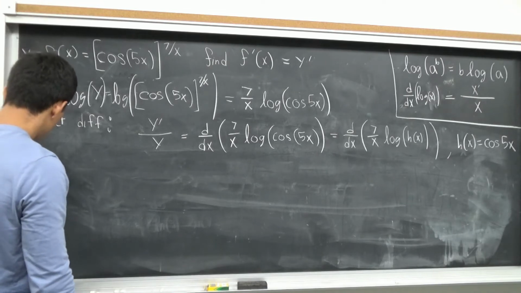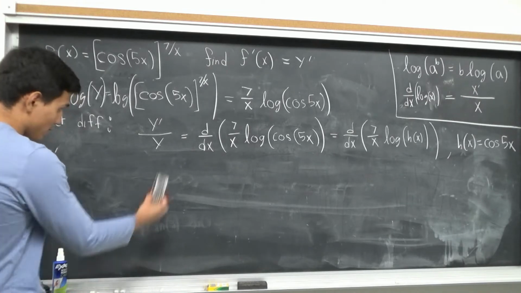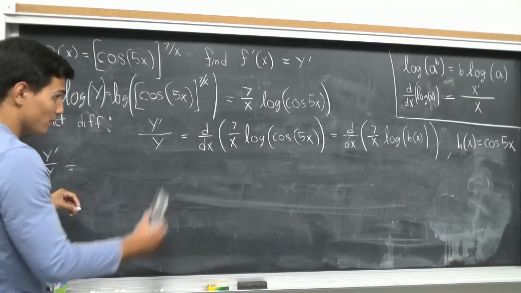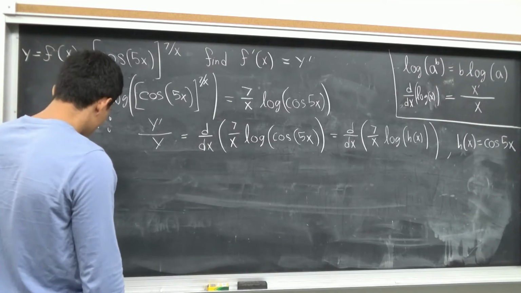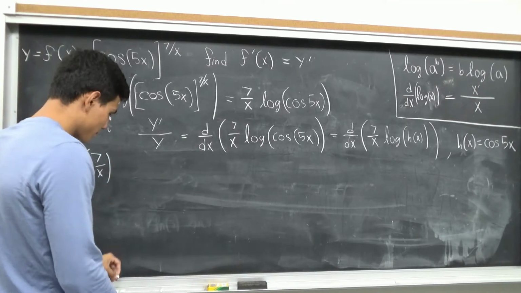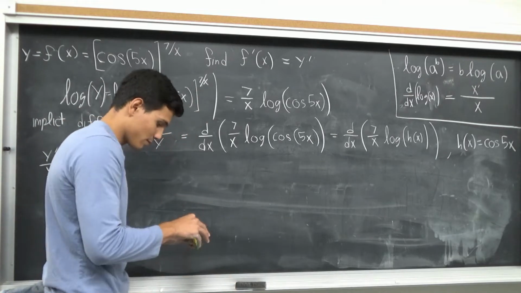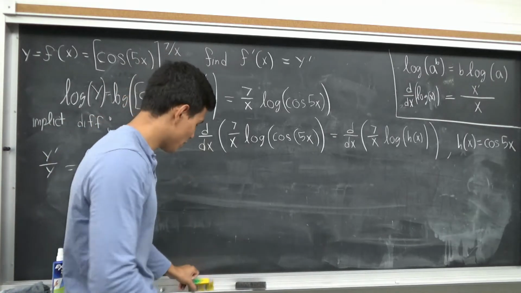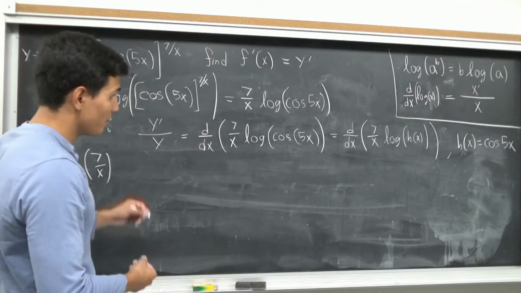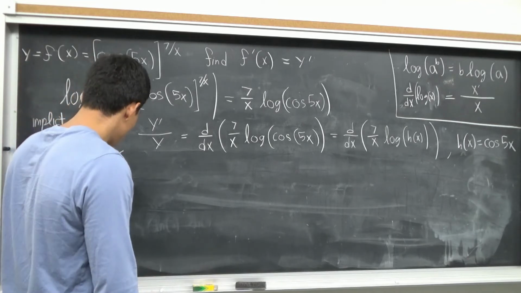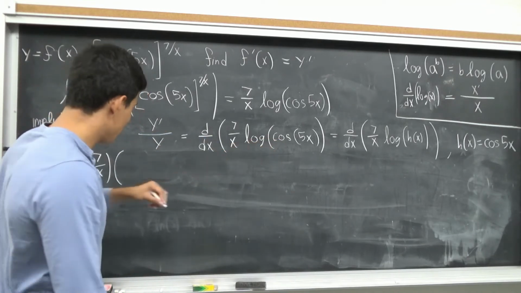So y prime over y, again start here, is equal to 7 over x multiplied by what?